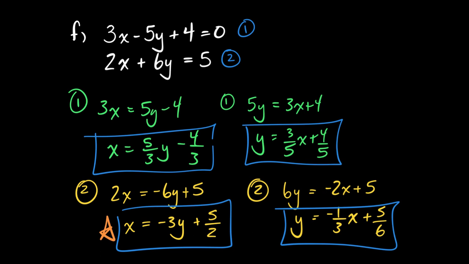Now, I want to take a look back up at our original system and maybe see how we could identify that at the very beginning. Take a look at equation 2 and notice I'm going to have to divide 2 out of the 6, or I'm going to have to divide 6 out of the 2.